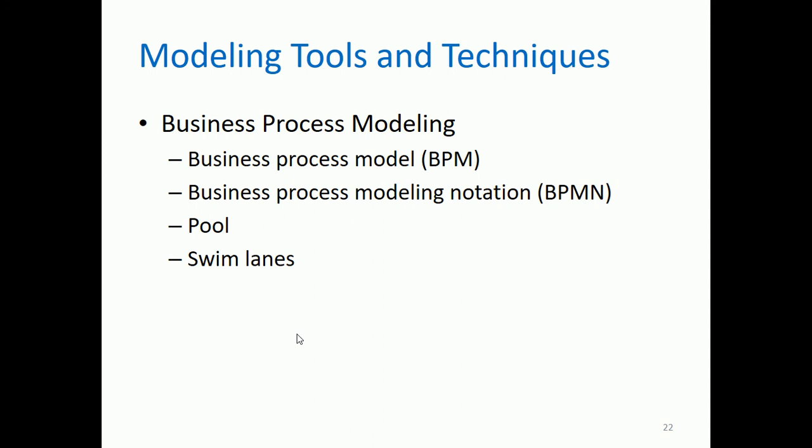That process of a customer paying the cashier is already a pool. So how are you going to illustrate the swim lanes? The customer has their own tasks to do. So that's why he or she has their own swim lane. While the cashier, once he or she accepts the payment from the customer, also has some tasks to do. So that's why he or she has a separate swim lane.